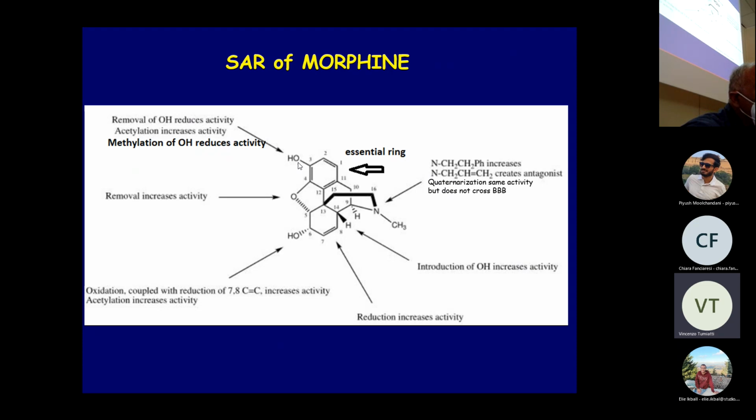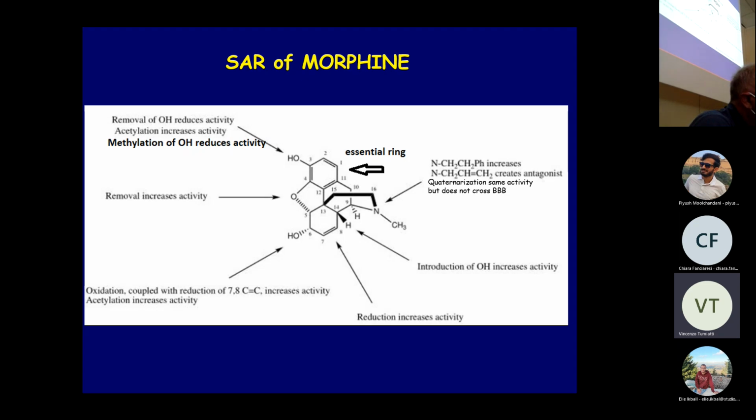The methylation: if we transform the OH into O-methyl, we insert a methyl on this OH group, and so we have a methoxy group in this position, it reduces the analgesic activity, but it maintains the ability to block the cough, the antitussive activity.